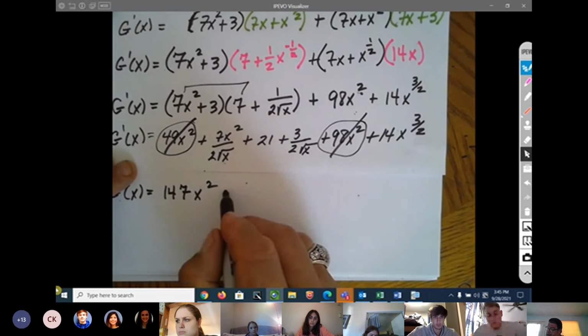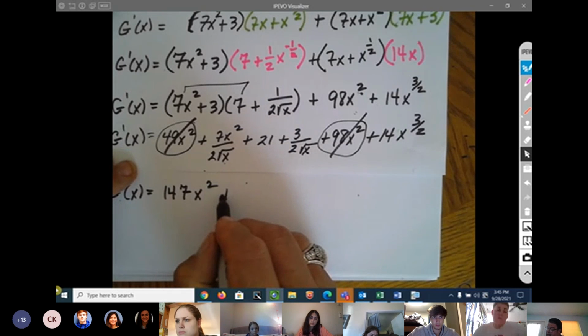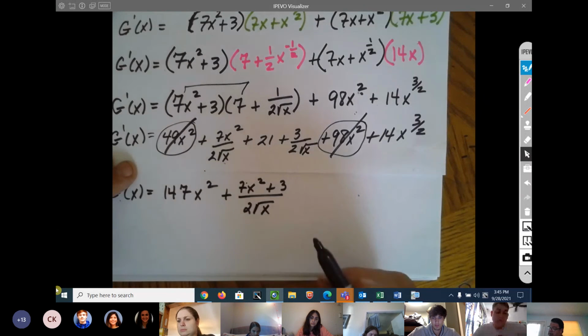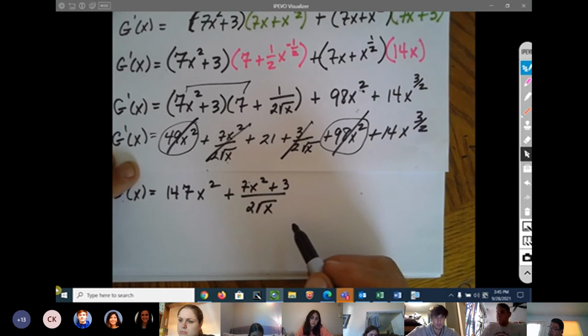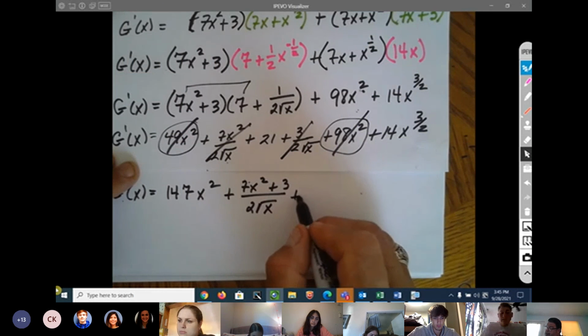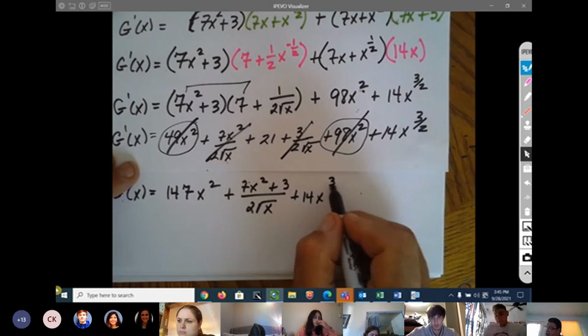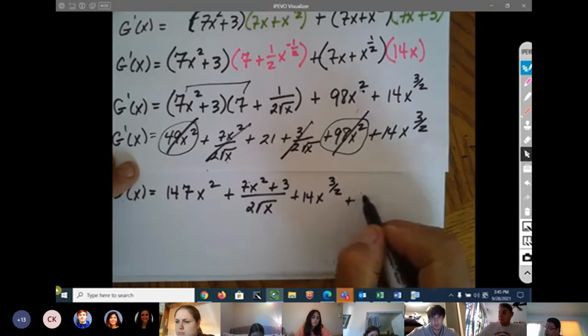So that's going to be plus 7x squared plus 3 over 2 square root of x, plus 14x to the 3 halves plus 21.